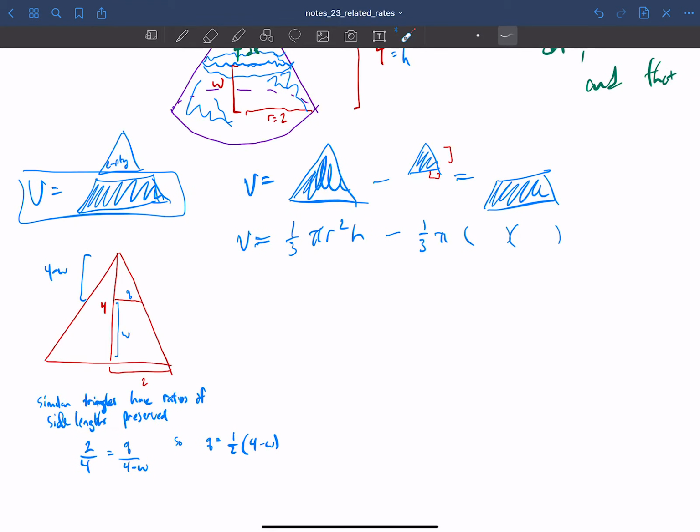Okay, so we were able to discover in this expression right here that the radius of the small triangle, or Q, is equal to half of 4 minus w. So let's put that in. And then what's the height? 4 minus w.